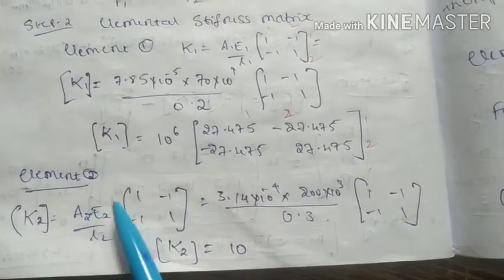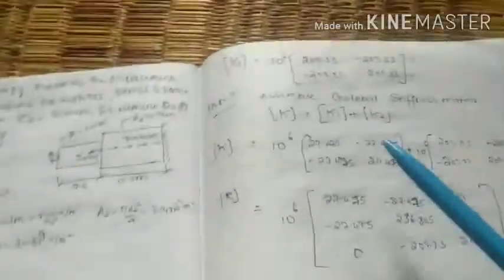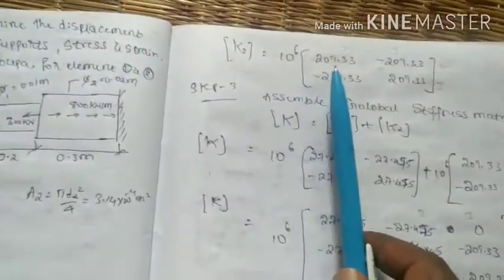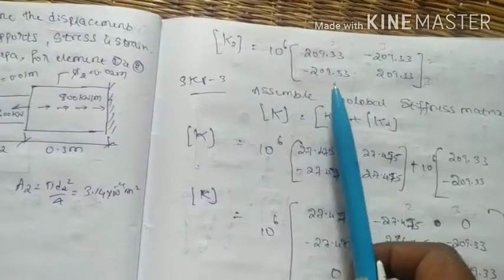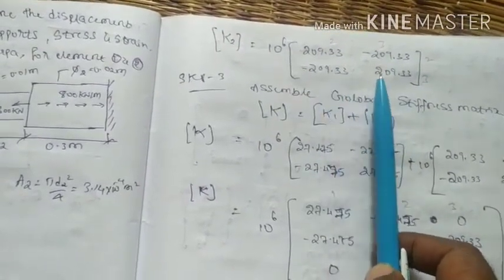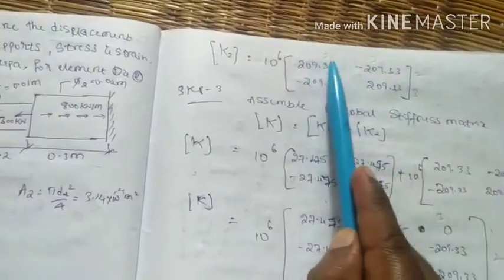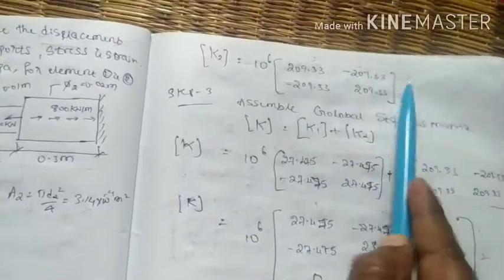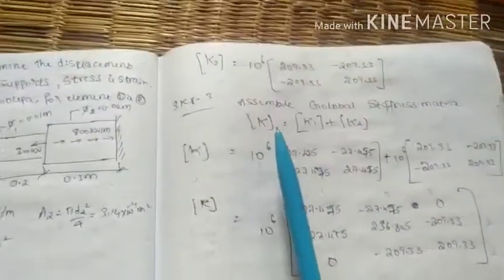Substitute the corresponding A2, E2, L2 values, and K2 becomes 10 power 6 times [209.33 -209.33; -209.33 209.33]. So corresponding at the top and right side you will write the node values 2, 3 for K2, and 1, 2 for K1, as row and column numbers.